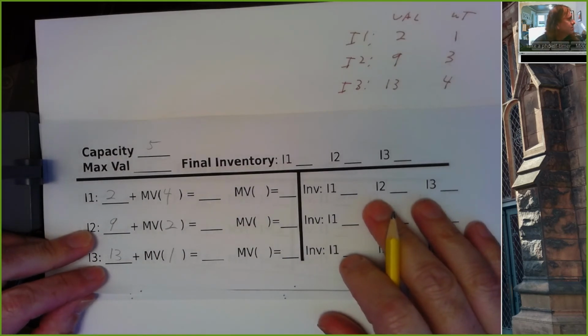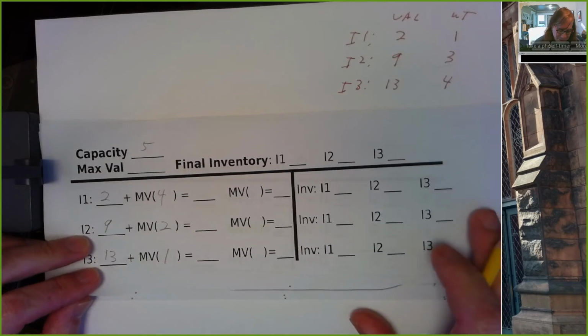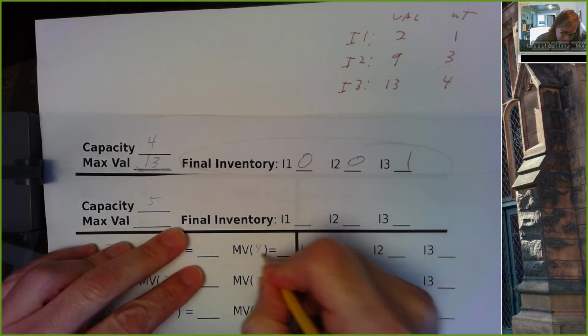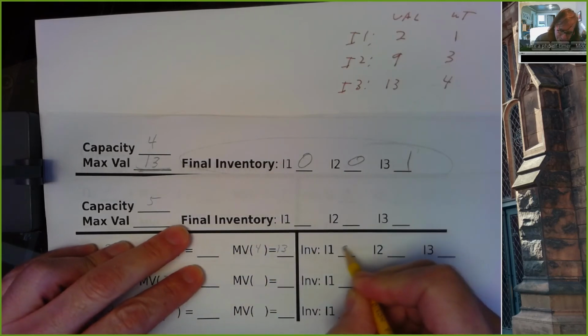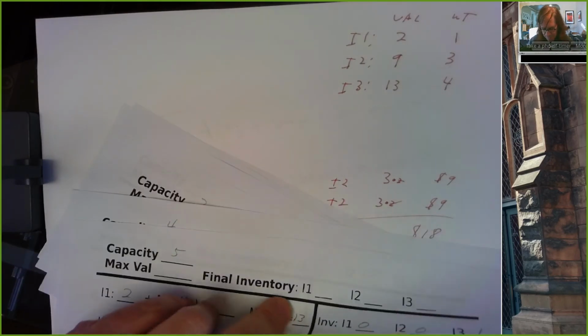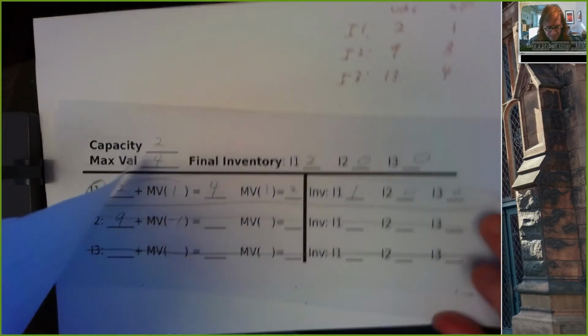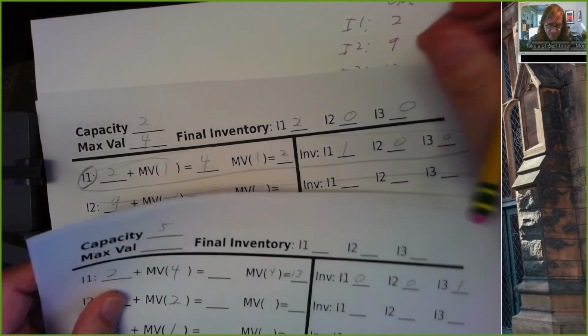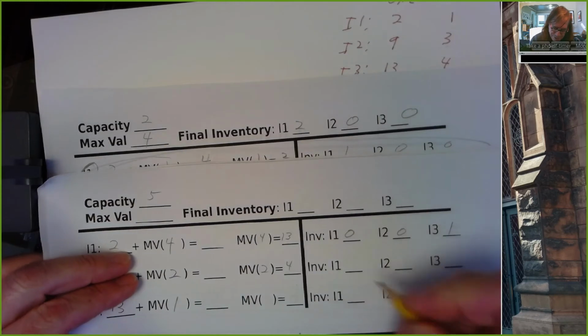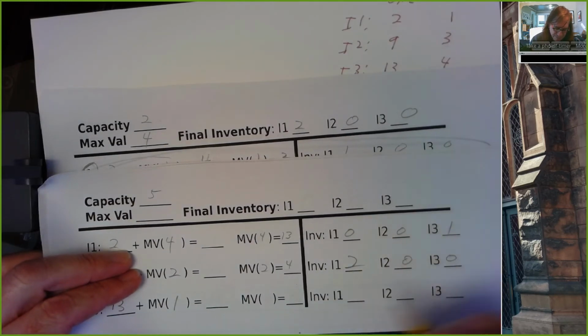Right, so the inventory associated with the max val n gets stored in the cache, along with the value of max val n. Alright, so let's go through our cache. Max val of 4 is 13, and the inventory for that is 0, 0, 1. Max val of 2 is 4, and the inventory for that is 2, 0, 0.